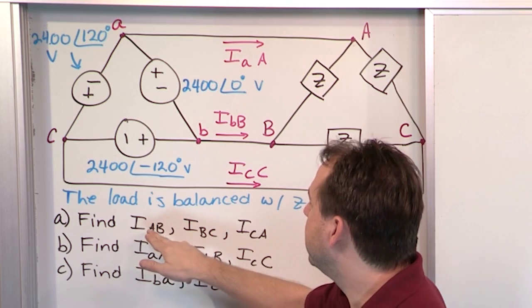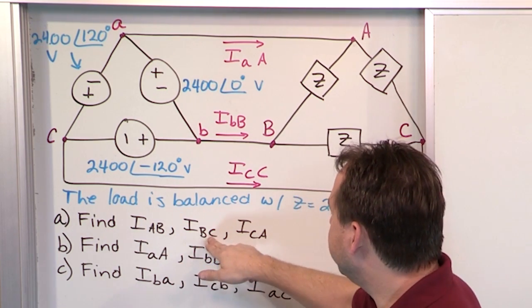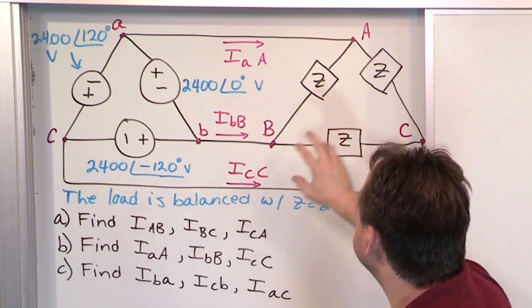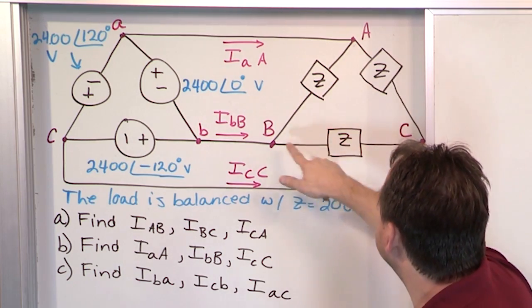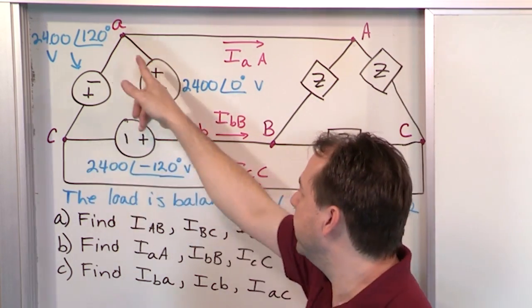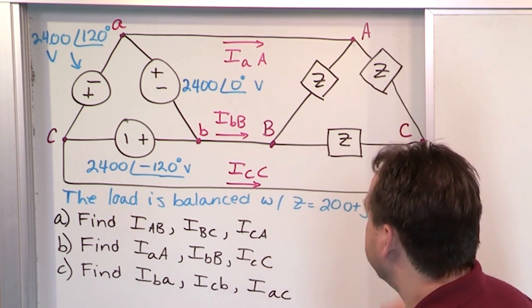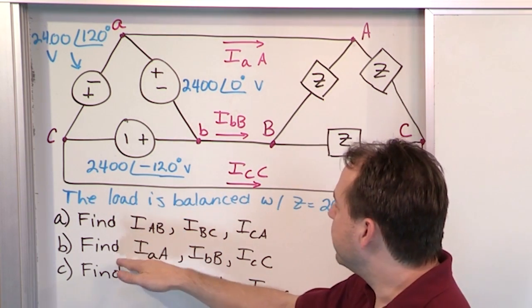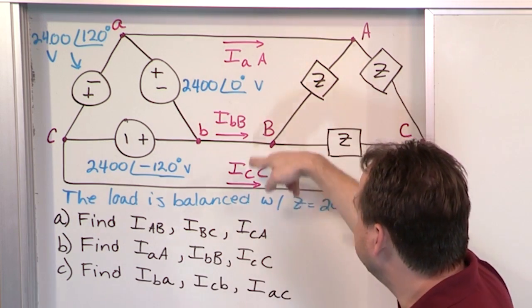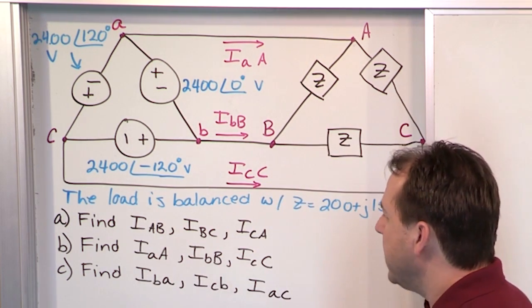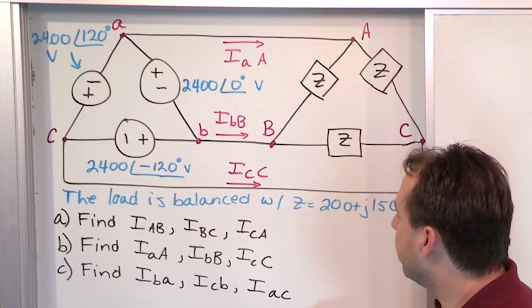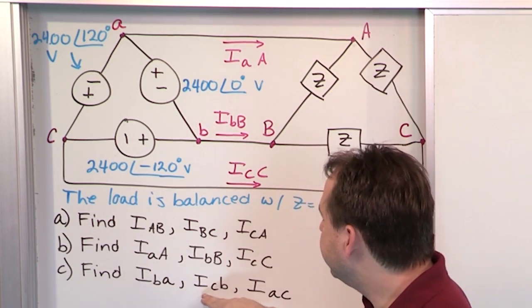We want to find capital AB, capital BC, capital CA, the currents in the load, in other words. Notice the loads have the capital letters, the sources have the lowercase letters. So we want to find the current through here, and through here, all three of them. And then we also want to find the three line currents. These are the three line currents we've been finding for every problem so far. And then we finally want to find the source currents, BA, CB, and AC.